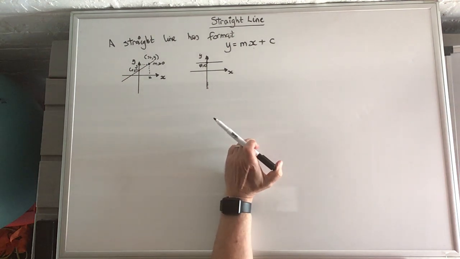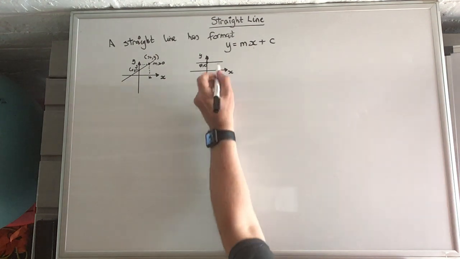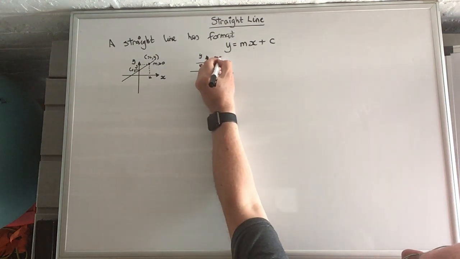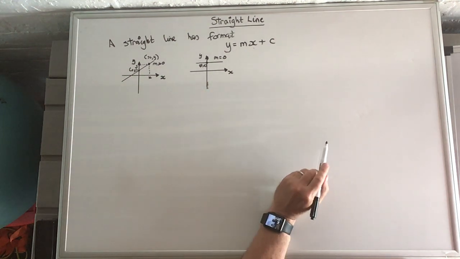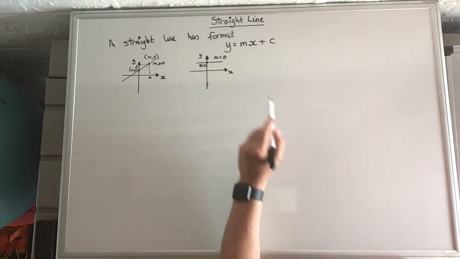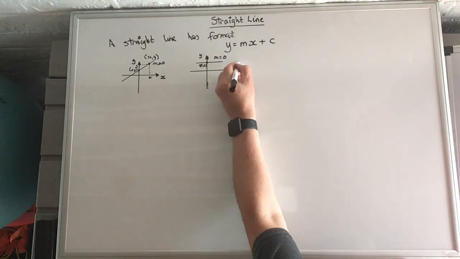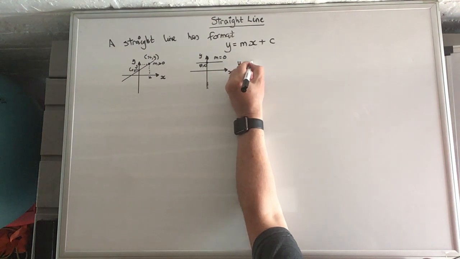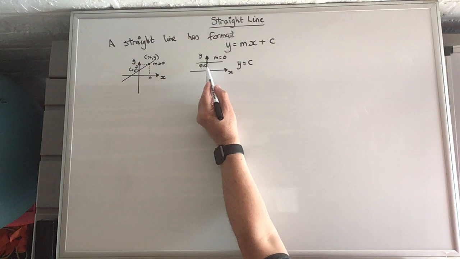From your knowledge of gradient, you should realise that because it's a horizontal line, the gradient is 0. So for a horizontal line, the equation is still this, but the gradient is 0, therefore it simplifies to y equals c.